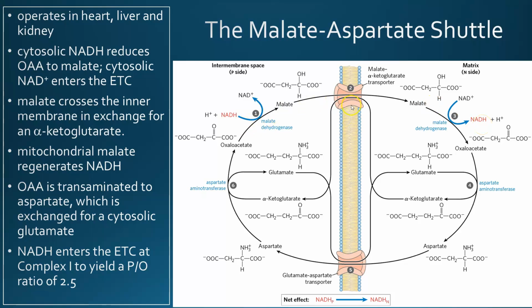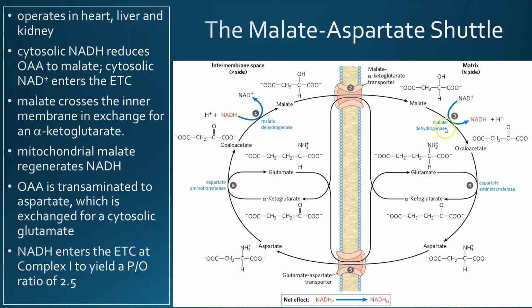If that were all that occurred, it would be a net transport of NADH, but also of malate, and that would cause malate to build up. So then the rest of this is a way to recycle the malate back to the outside by going back to oxaloacetate and then exchanging with glutamate and alpha-ketoglutarate to aspartate back to the matrix. Back to the intermembrane space.